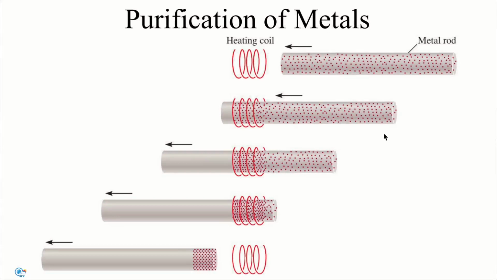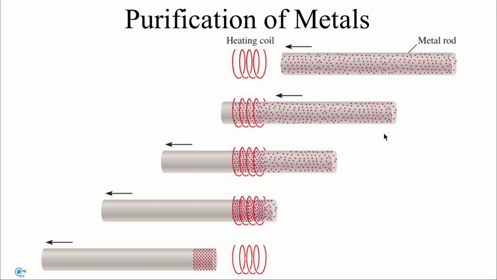Another often used method of obtaining extremely pure metals is zone refining. In this process, a metal rod containing a few impurities is drawn through an electrical heating coil that melts the metal. Most impurities dissolve in the molten metal. As the metal rod emerges from the heating coil, it cools and the pure metal crystallizes, leaving the impurities in the molten metal portion that is still in the heating coil.